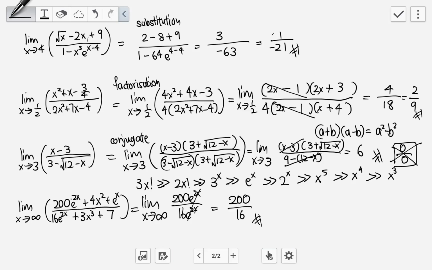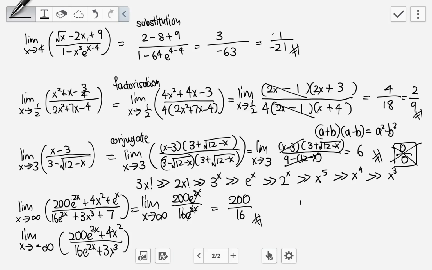So we could have other examples as well, for example, limit x approaches infinity. Sometimes how about negative infinity? What if I had changed this to limit x approaches negative infinity of 200 e^2x plus 4x squared, over 16 e^2x plus 3x cubed?